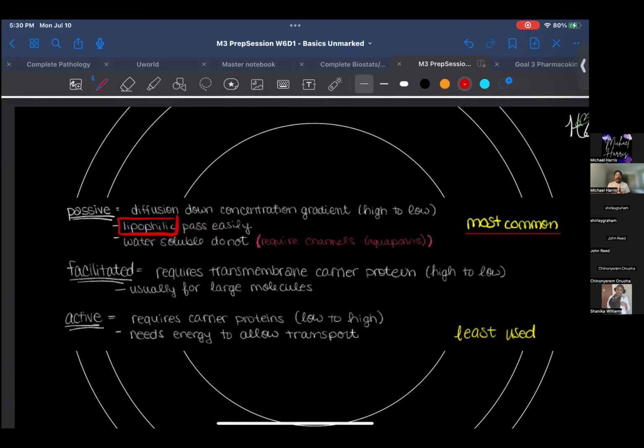Can anyone tell me why the first one is the most common? Why is passive diffusion the most common? Yes, drug-wise. Think about it.